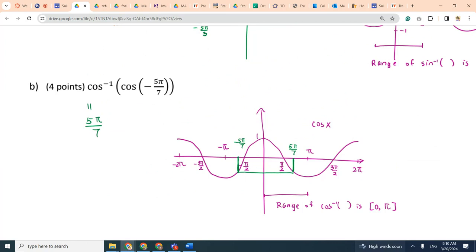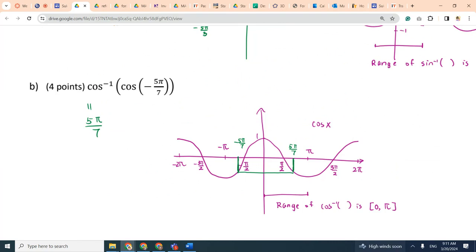So if you get this number, you have to draw a horizontal line and find the x with the same y value, but in this range. So you draw the picture, you can see, oh, I have the same length, but positive. So we realize, oh, this is 5 pi over 7. Is that clear, everybody?